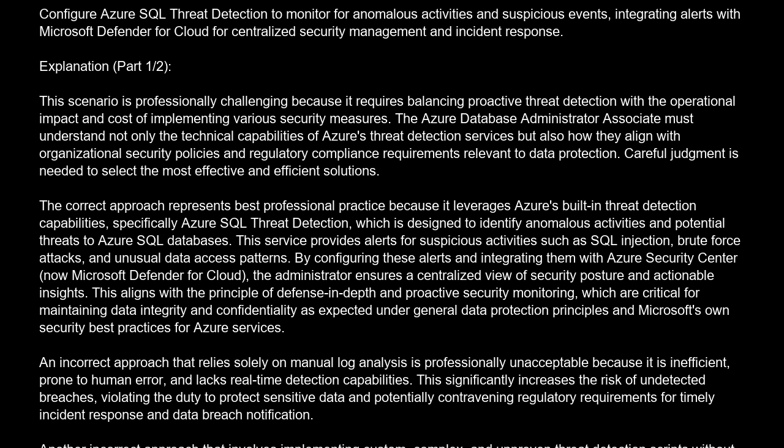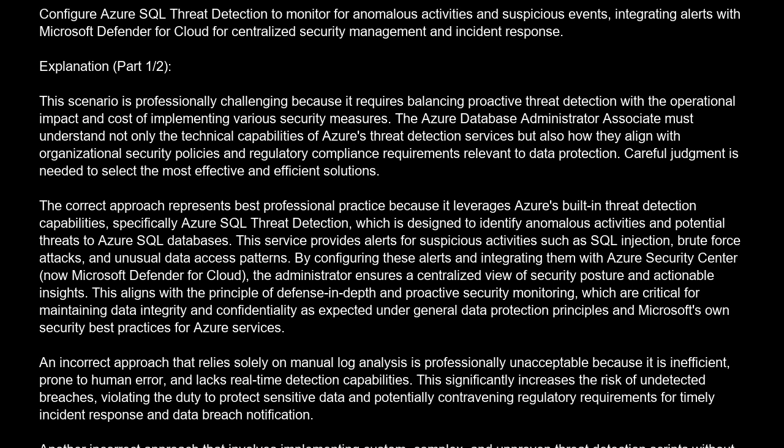The correct approach represents best professional practice because it leverages Azure's built-in threat detection capabilities, specifically Azure SQL Threat Detection, which is designed to identify anomalous activities and potential threats to Azure SQL databases. This service provides alerts for suspicious activities such as SQL injection, brute force attacks, and unusual data access patterns.